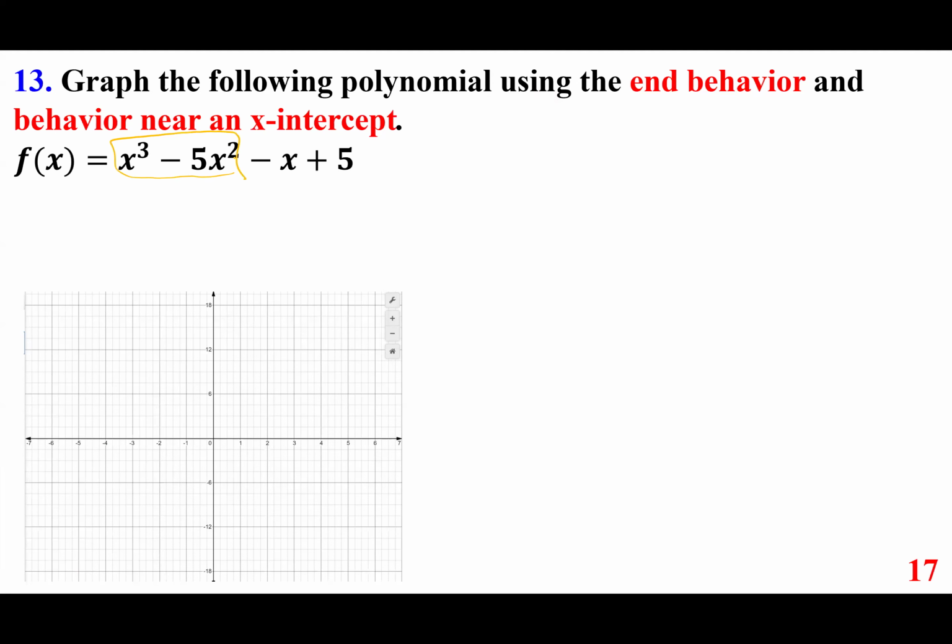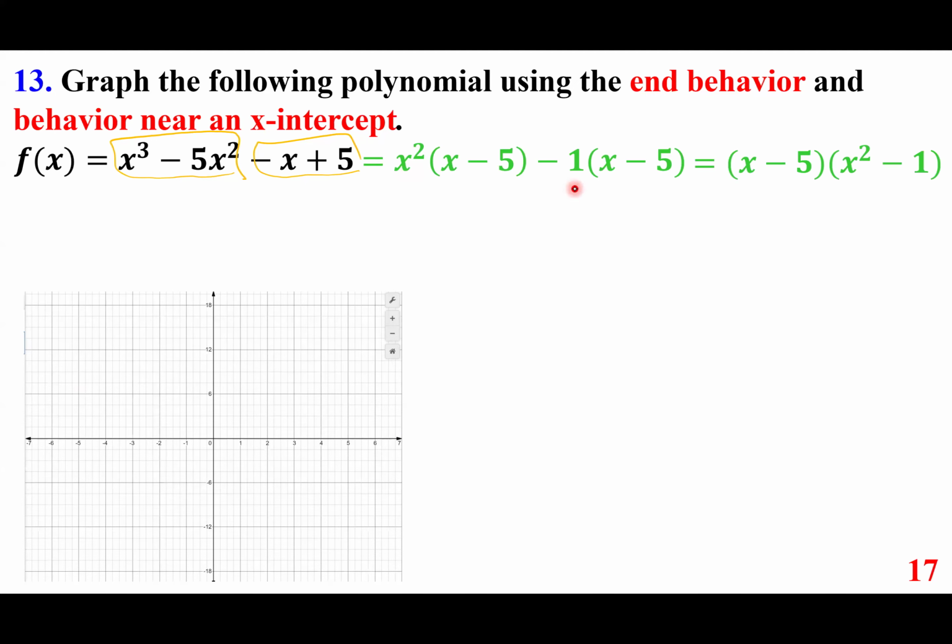If we put these two together, we can take out the x squared. And if we put these two together, we can take out the negative. The idea is to have a common factor, in this case, the common factor becomes x minus 5. So x minus 5 times whatever is left. From this one, x squared is left.